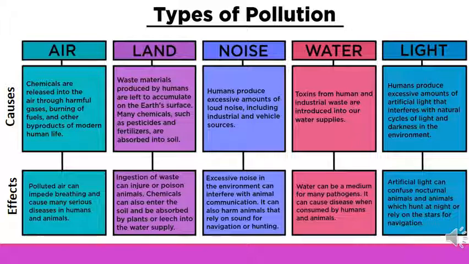Similarly, the toxins from human and industrial waste are introduced into our water supplies and cause water pollution. Water can be a medium for many pathogens which can cause diseases in human beings, so when that water is consumed by animals and other human beings, it causes diseases.